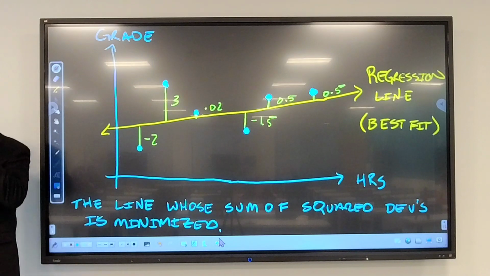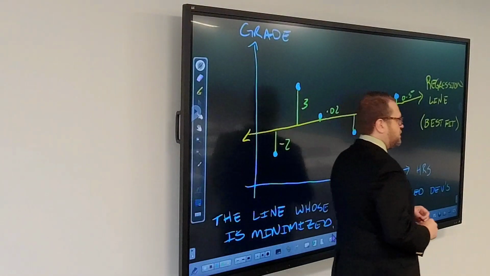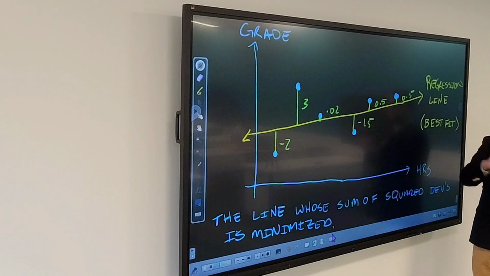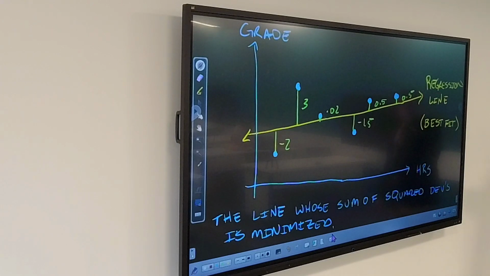Our objective was to have a line that was as close as it could be to all the points, whatever that means. And we're going to have this idea tell us what close means.